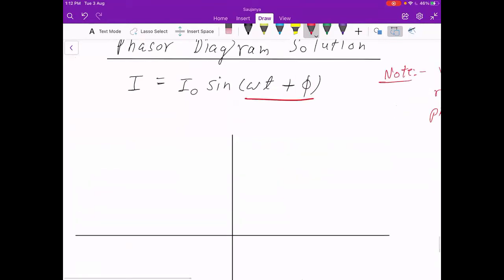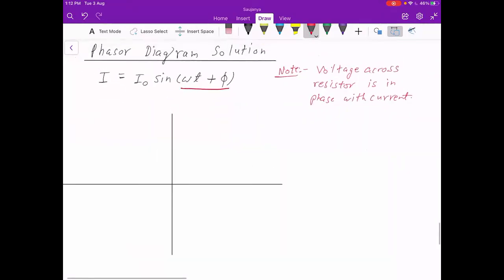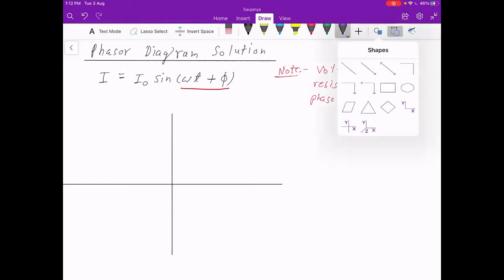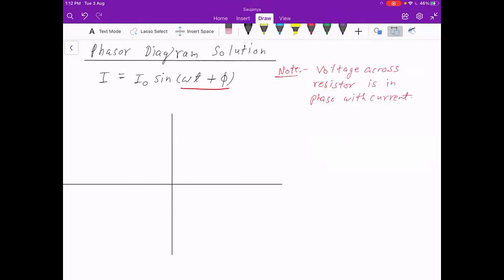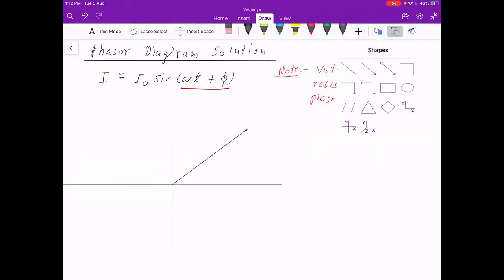So next I'm going to try to draw. In this particular equation, you can see that the phase of the current is omega t plus phi. As I told you in the phasor diagram, the angle with the x-axis is going to be your phase. So I'm going to draw an arrow to represent the current and another arrow to represent the voltage across the resistor.